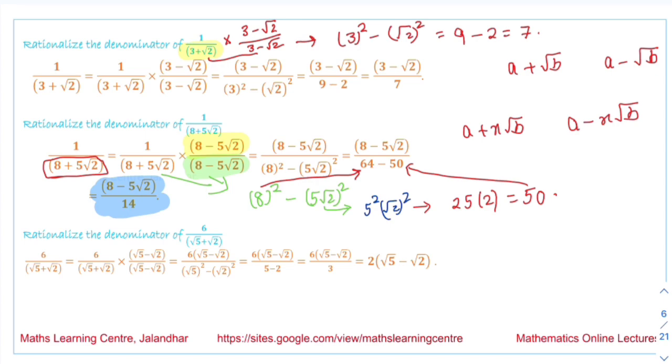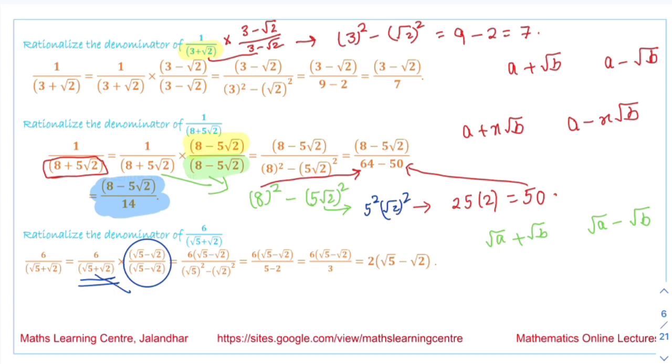Now in the next example, the number is of the form square root of a plus square root of b. The rationalizing factor is square root of a minus square root of b. So we have multiplied and divided square root of 5 plus square root of 2 with square root of 5 minus square root of 2.